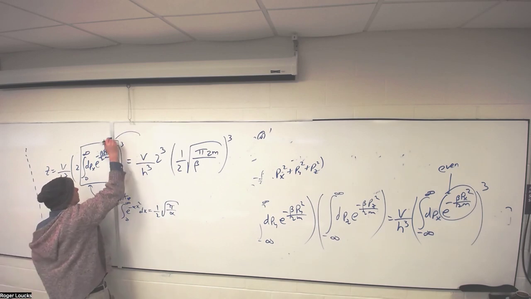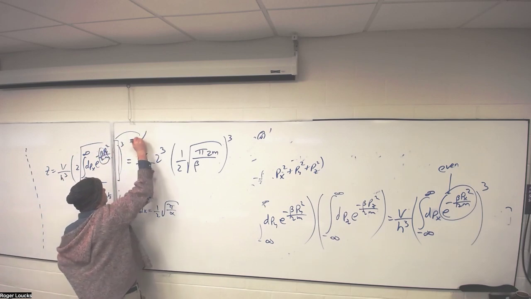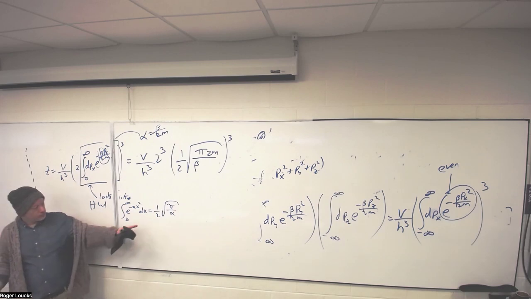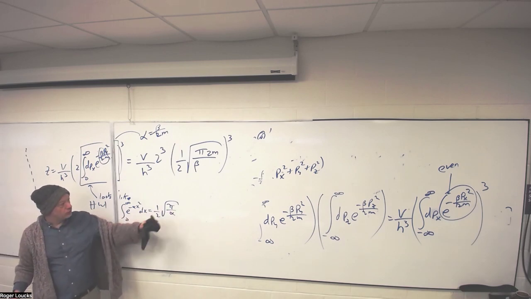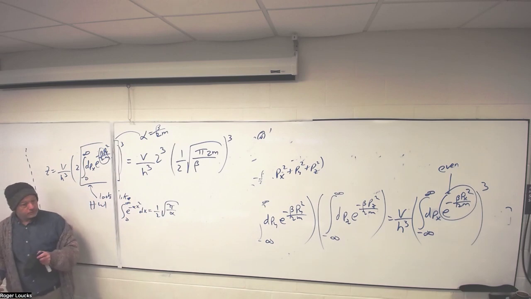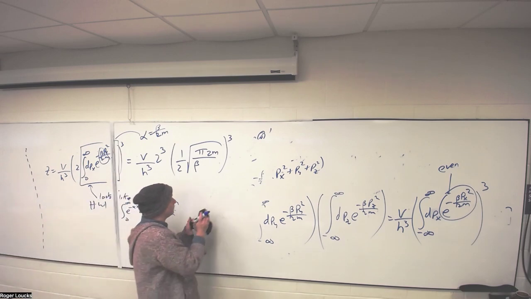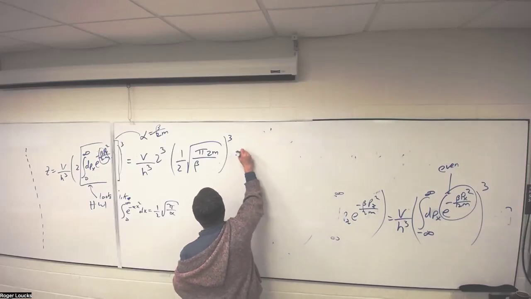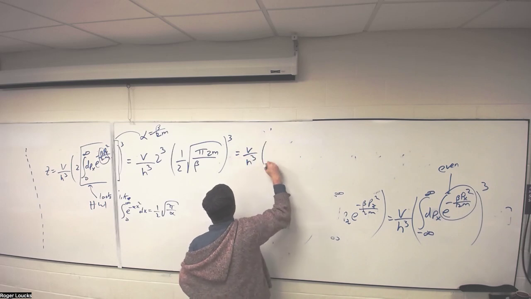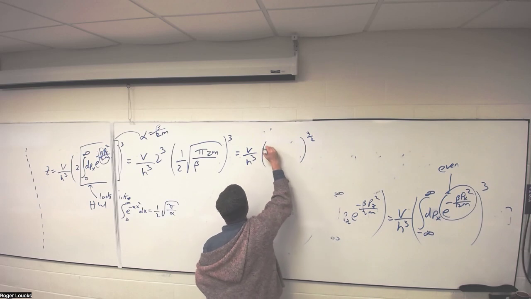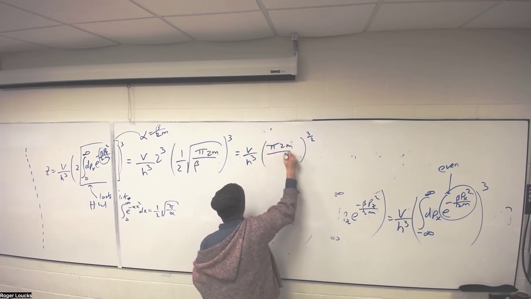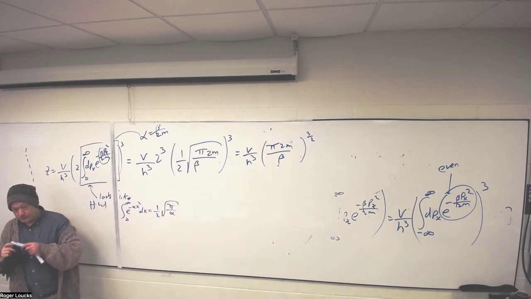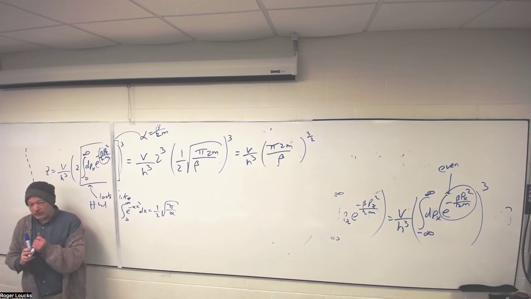This right here I'll put down here, so I have my beta in the bottom and my 2m comes up to the top. And I can kill the factors of 2. V over h cubed times basically the 3/2 power of 2 pi m over beta. So that's where we left things off last time. Any questions on that?